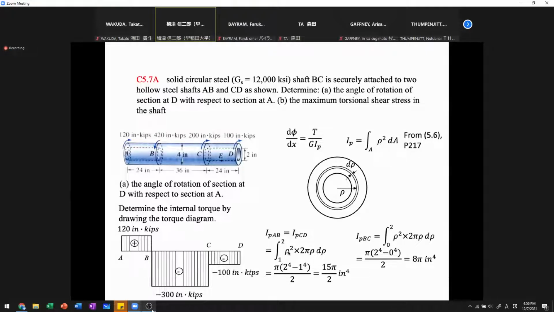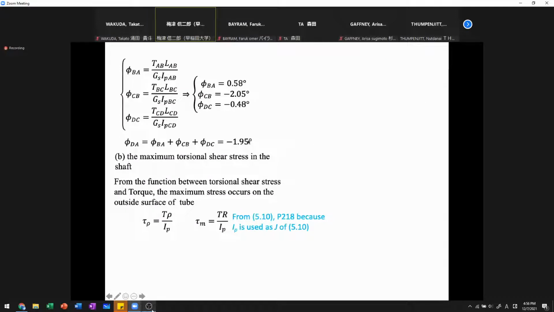So T is known, I is known, and G is given. So you can estimate phi from this. Okay, and this changes like this. Okay, T AB and L AB over G times IP AB, and so on.